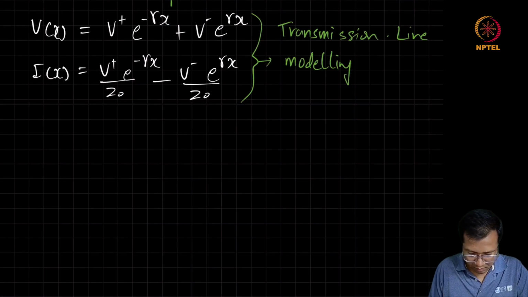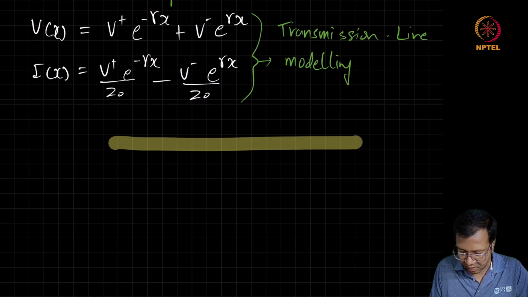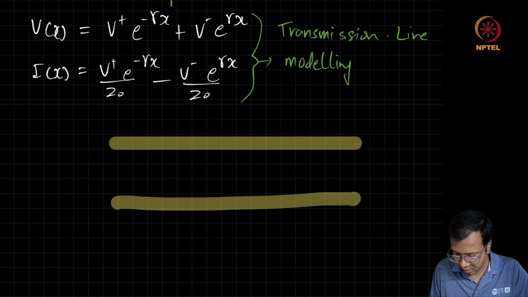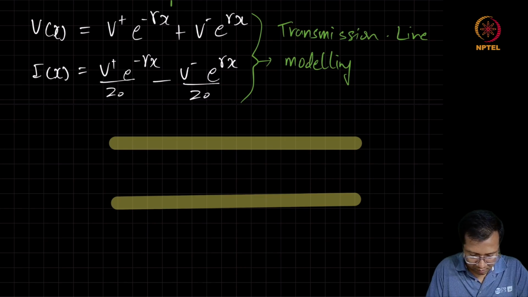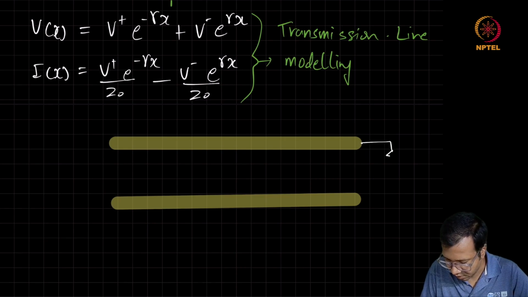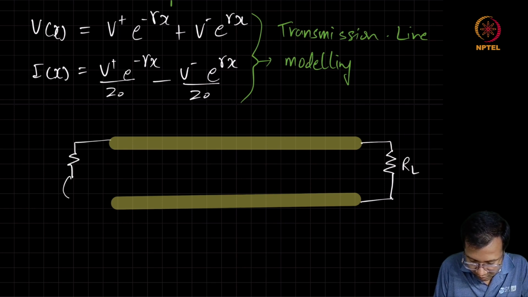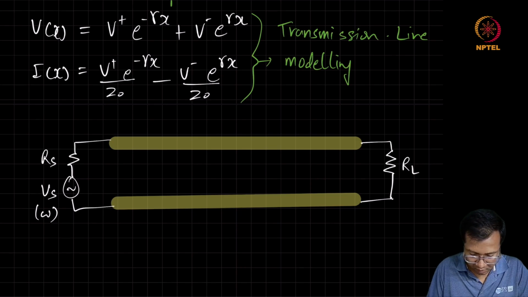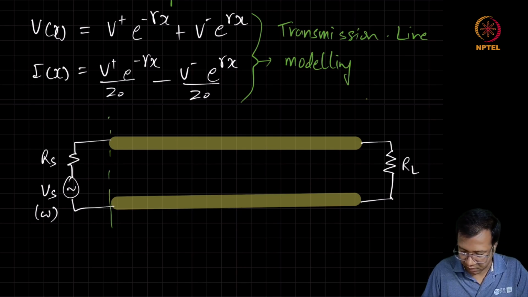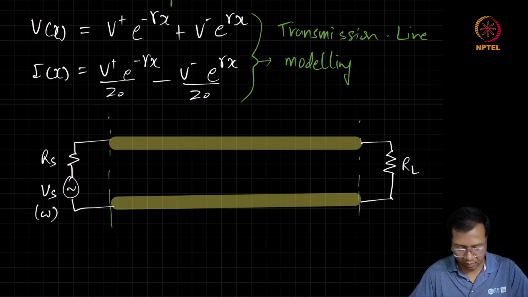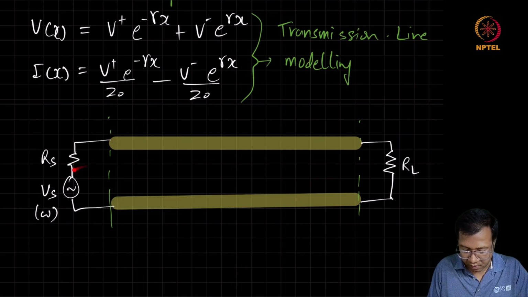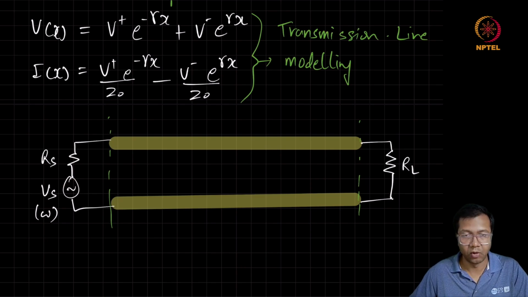So we can see that if you have a source and load connected in this manner, then by using this transmission line modeling for the cable between the source and the load, we can find out the voltage or current at any point along the line.